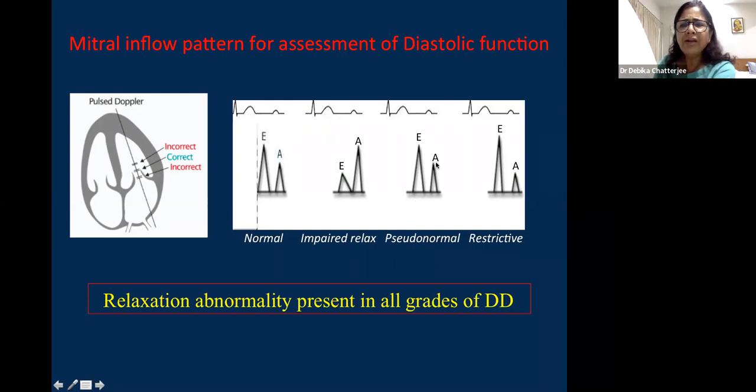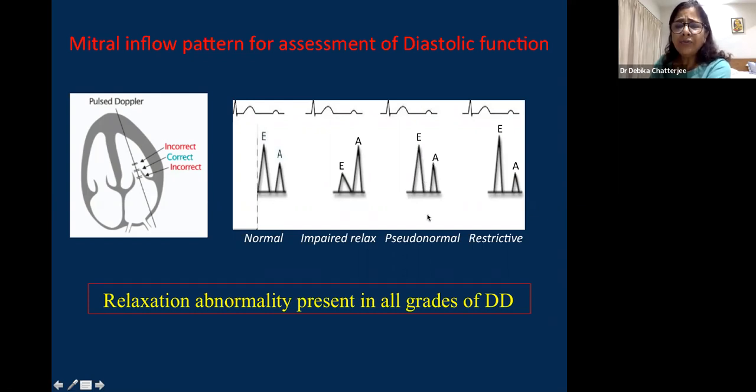So the pattern again becomes like normal, though it's not normal. Over the impaired relaxation pattern, there is a raised LA pressure, which has resulted in a bigger E wave than A wave. This pattern is underlying, but because of the raised LA pressure, the E wave again becomes taller.